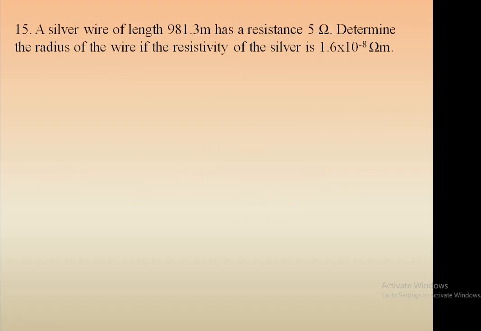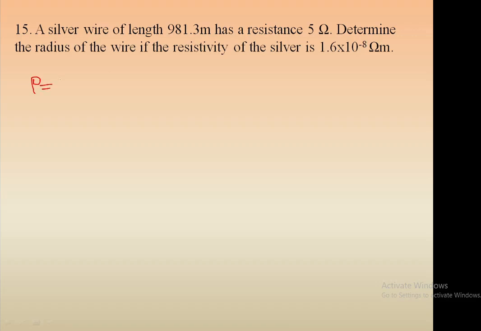Now the next one: a silver wire of length 981.3 meter has a resistance 5 ohm. Determine the radius of the wire if the resistivity of the silver is 1.6 into 10 raised to negative 8 ohm meter. So here we are asked to find the radius of the wire. First write the expression for resistivity.